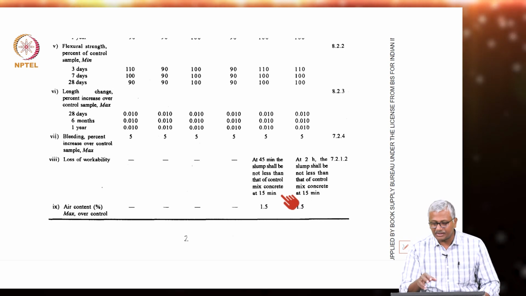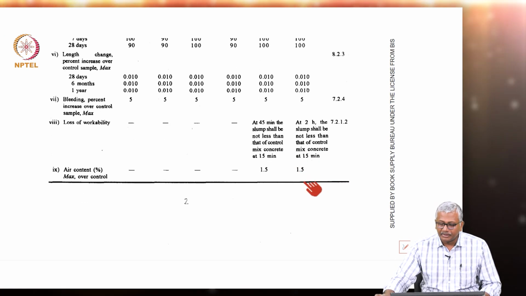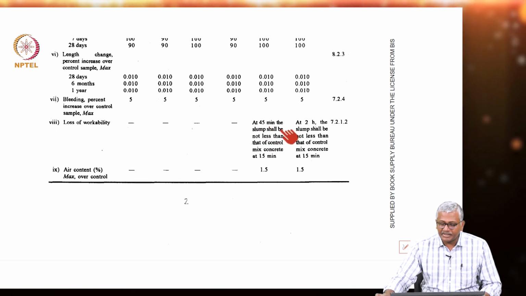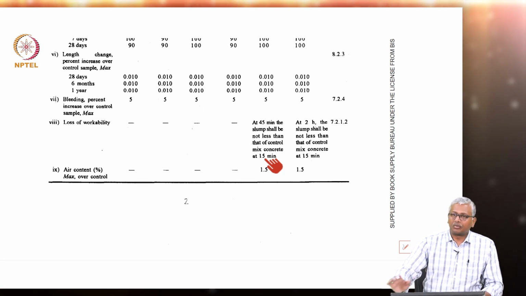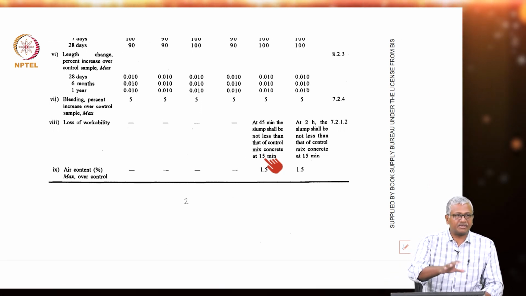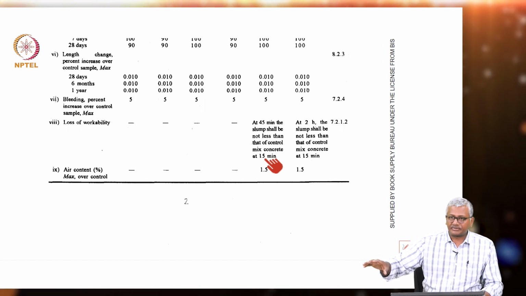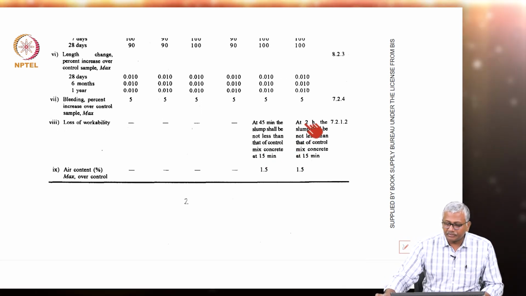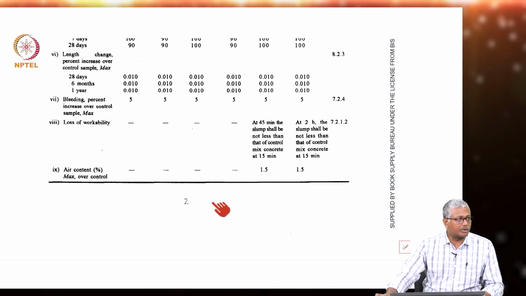So, you need to design it differently. They have specific ideas as to how we need to do the design. So, it says at 45 minutes, the slump shall not be less than that of control mixed concrete at 15 minutes. That means, whatever reference concrete slump is at 15 minutes, your superplasticized concrete should be the same at 45 minutes. Here, with retarding type at 2 hours, the slump should be equal to that of the control concrete at 15 minutes.